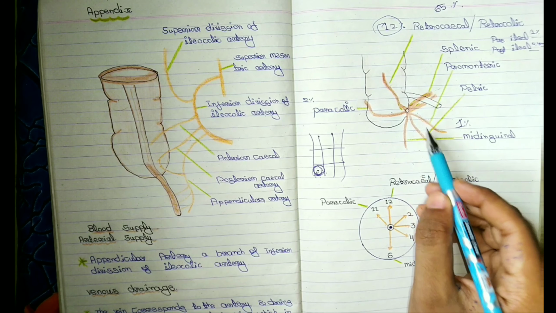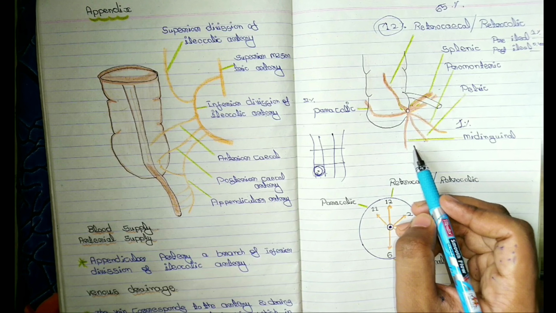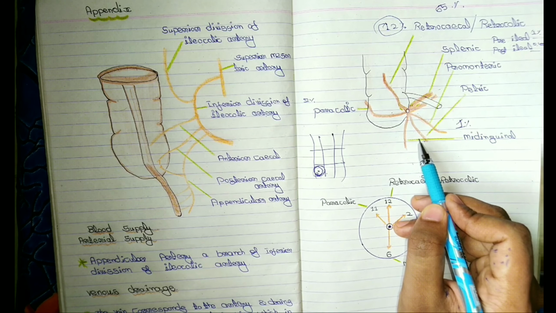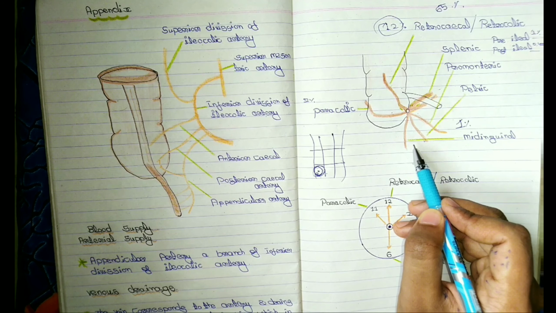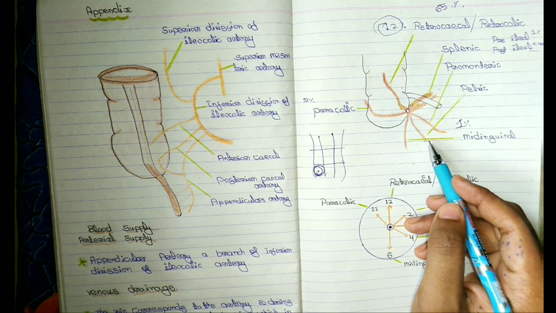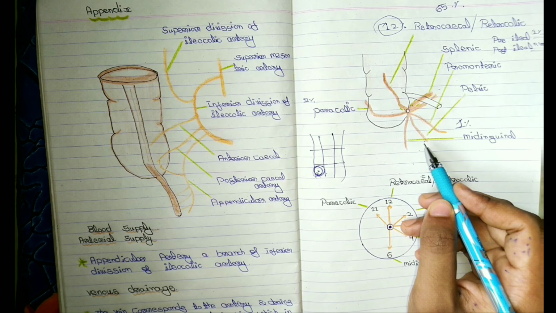Pelvic, the 4 o'clock position: the appendix descends downward and medially and crosses the pelvic brim to enter the true pelvis. In females, it may be related to the right uterine tube, that is the fallopian tube.